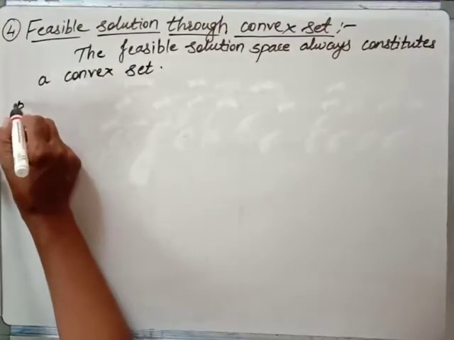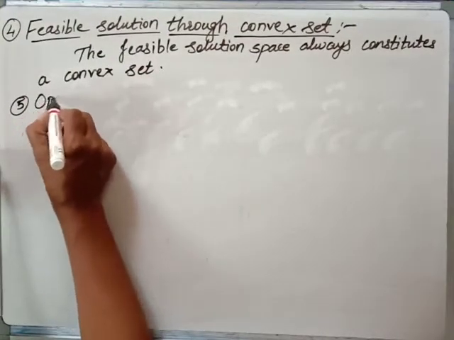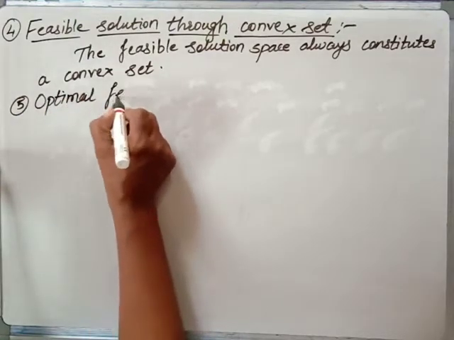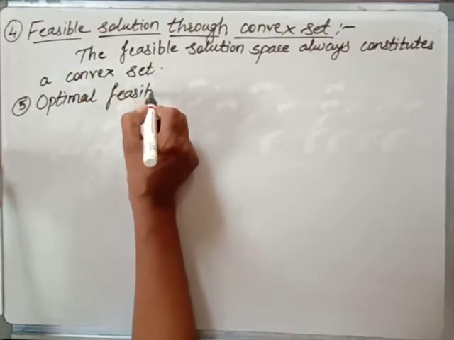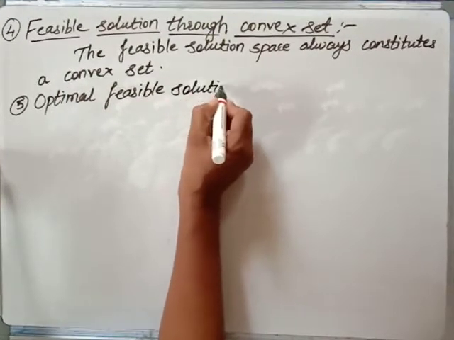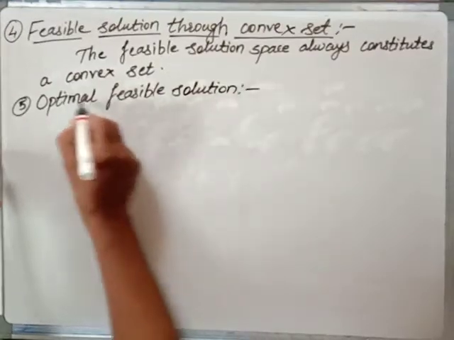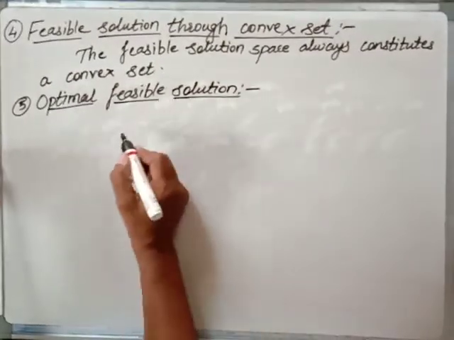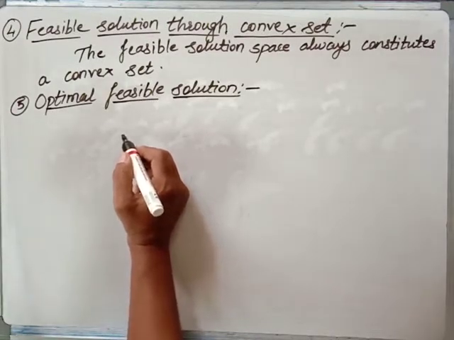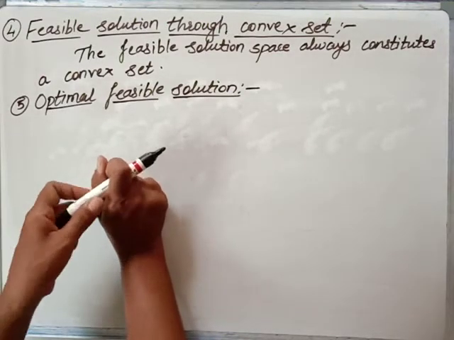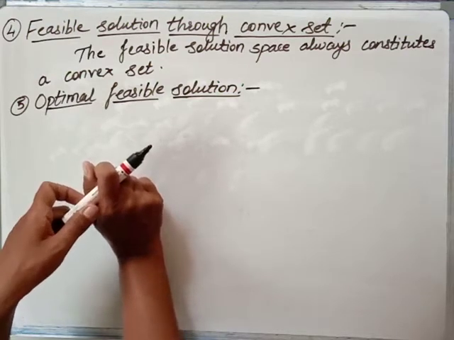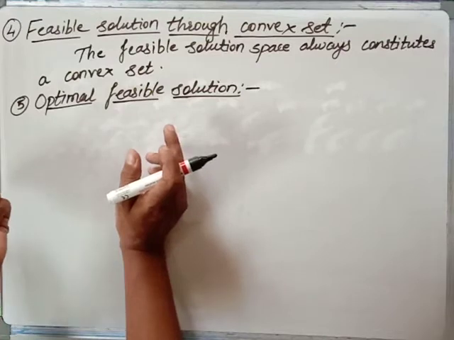Now the next definition is optimal feasible solution. Now you know, optimal means either maximize or minimize. The solution, or any feasible solution, which optimizes the objective function of the LPP at the extreme point of the feasible region.